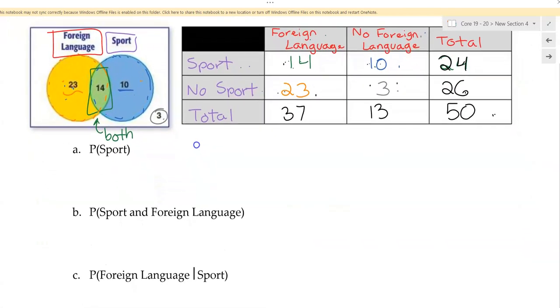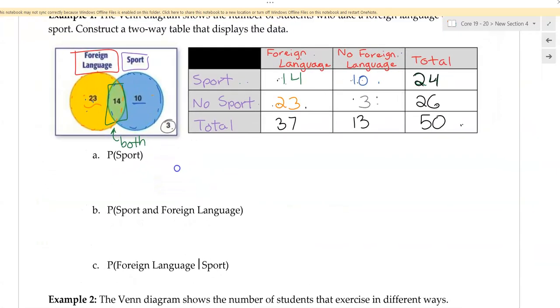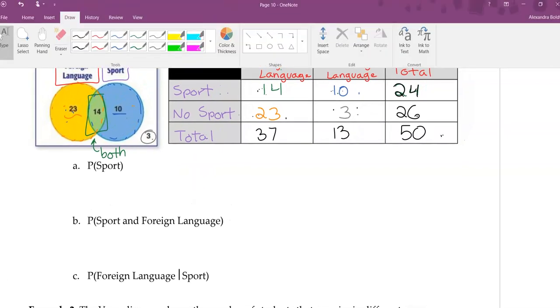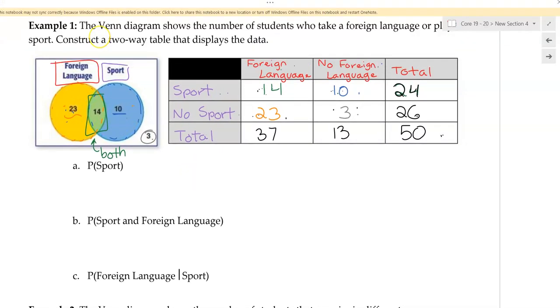situation. Now, just like we did before, I can find probabilities. So the probability of playing a sport, well, 24 people play a sport out of 50 total, right? And that does reduce to 12 out of 25.